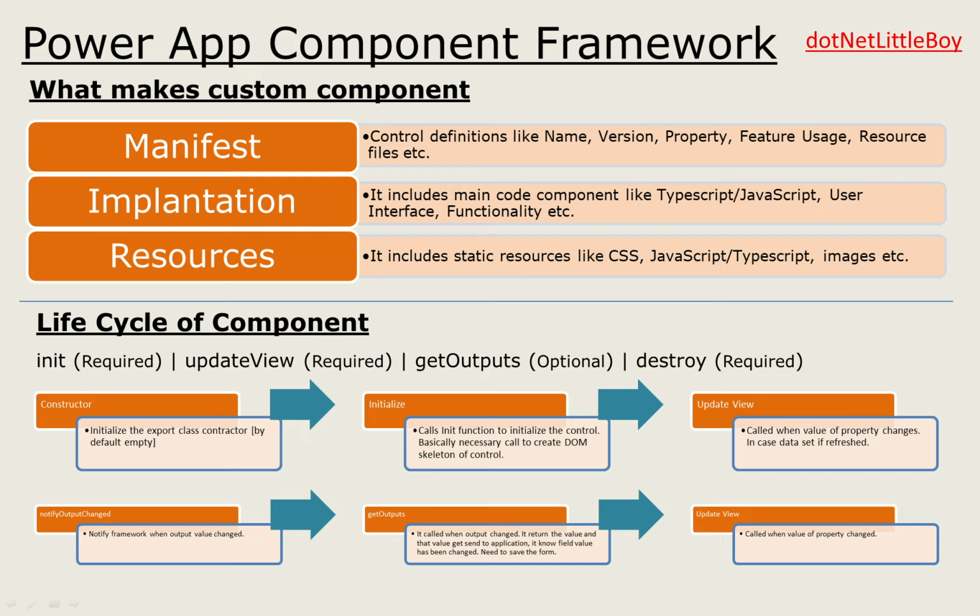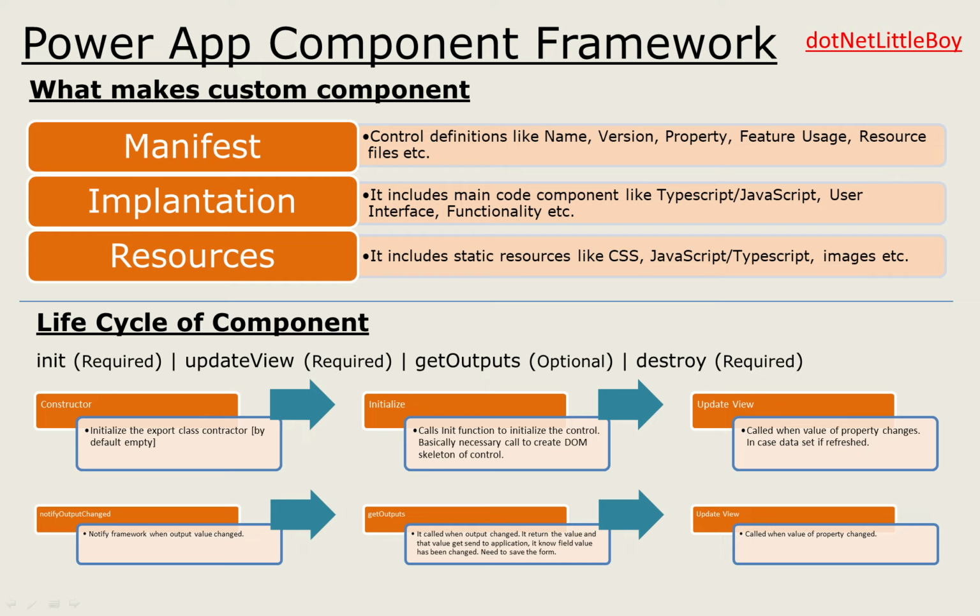Next is the implementation. In the implementation, we include the code components. We have the TypeScript where we write the different functions, interfaces, or basic logic of the code, how you should interact, how we build the HTML components, what we build for the interaction.